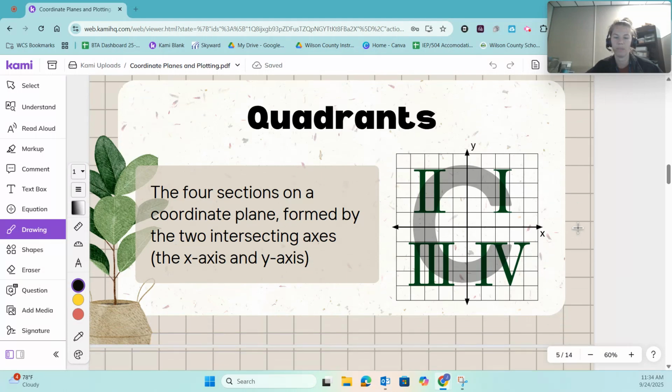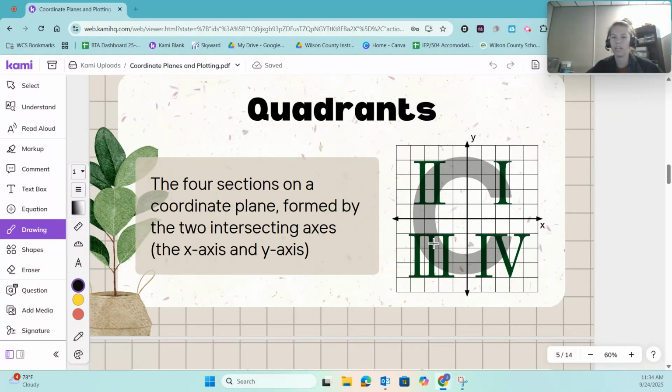Now within this coordinate plane, the x and y axis break this plane up into 4 different quadrants. Quadrant 1 is here in the top right corner. We're going to talk about the type of numbers that occur in that quadrant in just a minute, but that is quadrant 1.